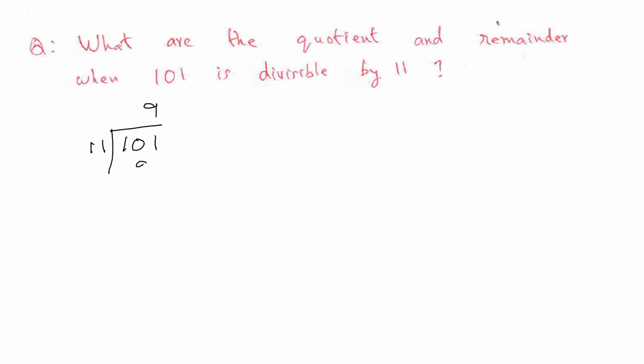So here it is 99. So when you do the subtraction, you will be getting the remainder as 2. Okay. So if you write in this manner, A is equal to dq plus r, then 101 is equal to 11 into 9 plus 2.